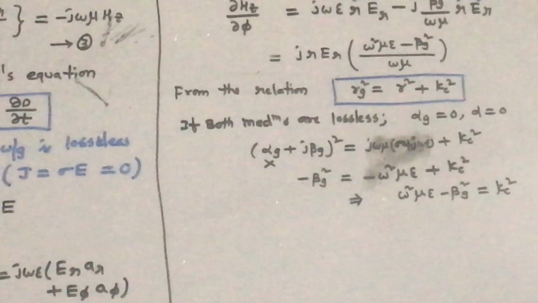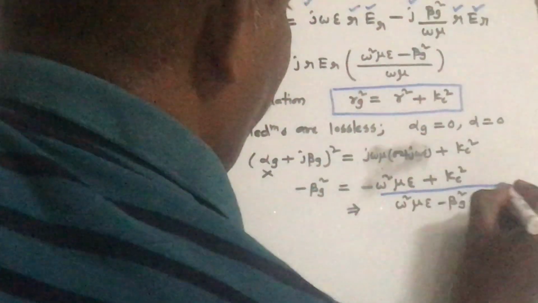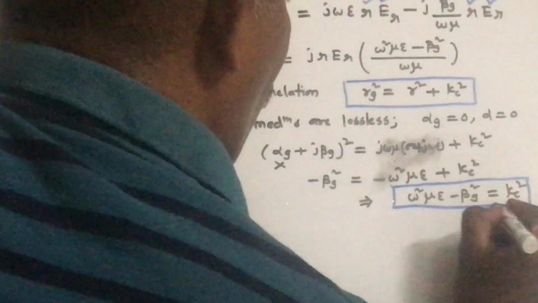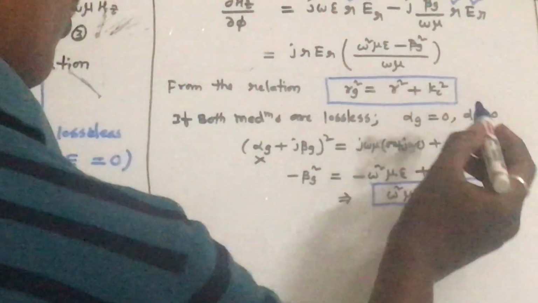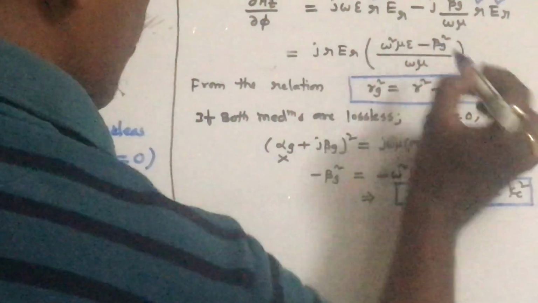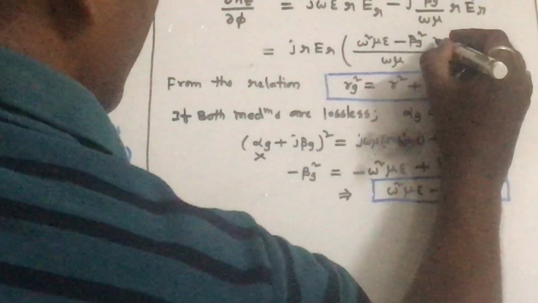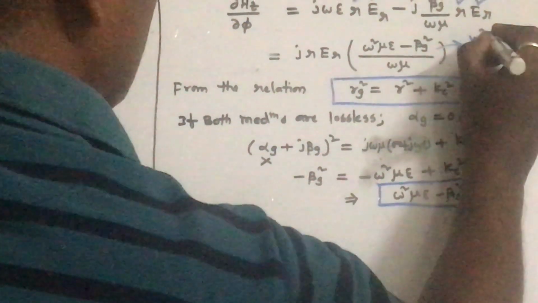So this is a very important relation we can replace. So therefore, omega square mu epsilon minus beta g square is equal to, here we can replace with Kc square.